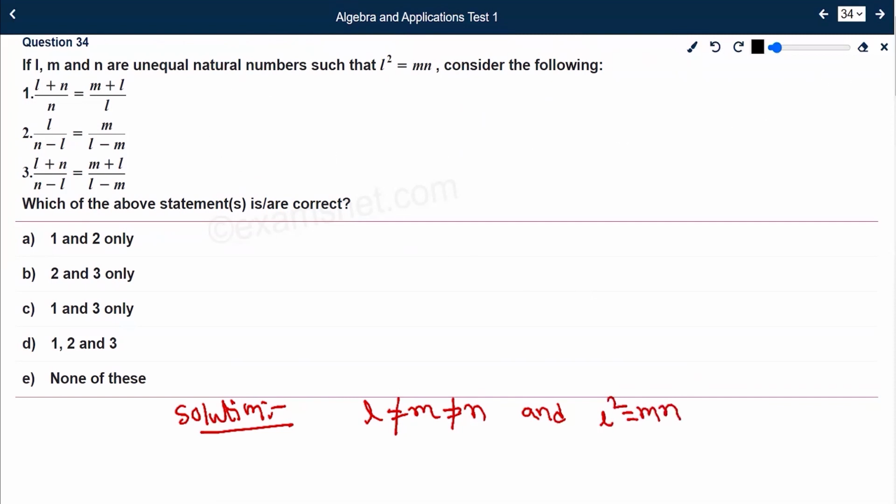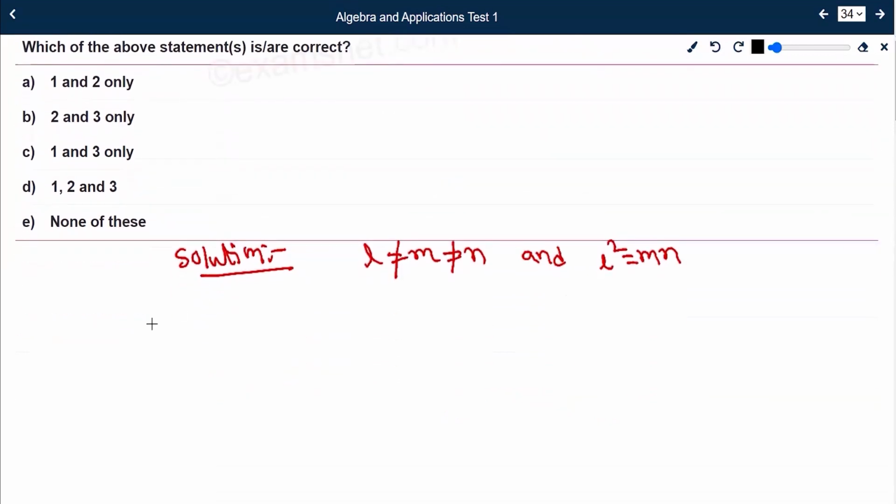Let's start with the first statement: (l plus n) by n equals (m plus l) by l. So let's do the cross multiplication.